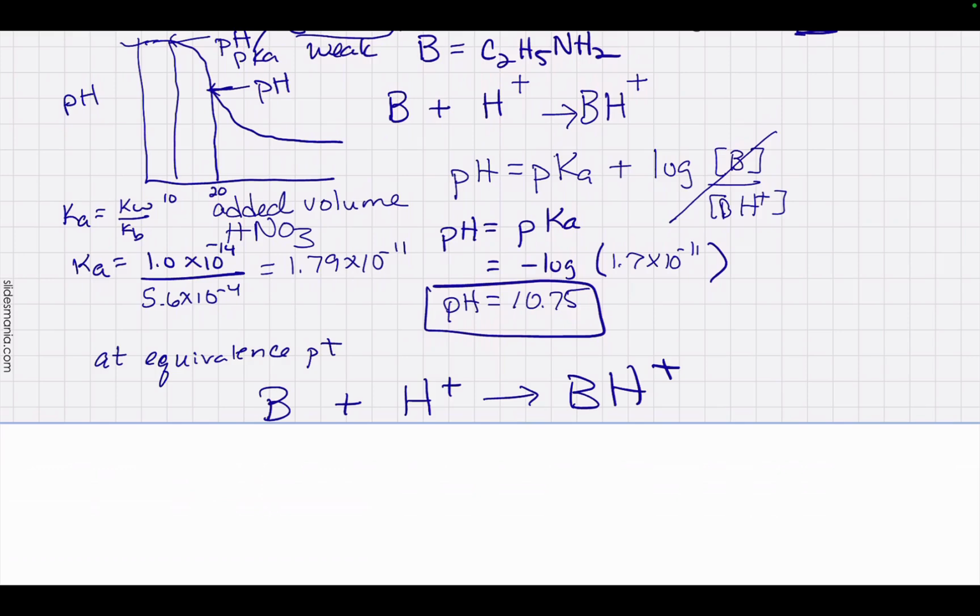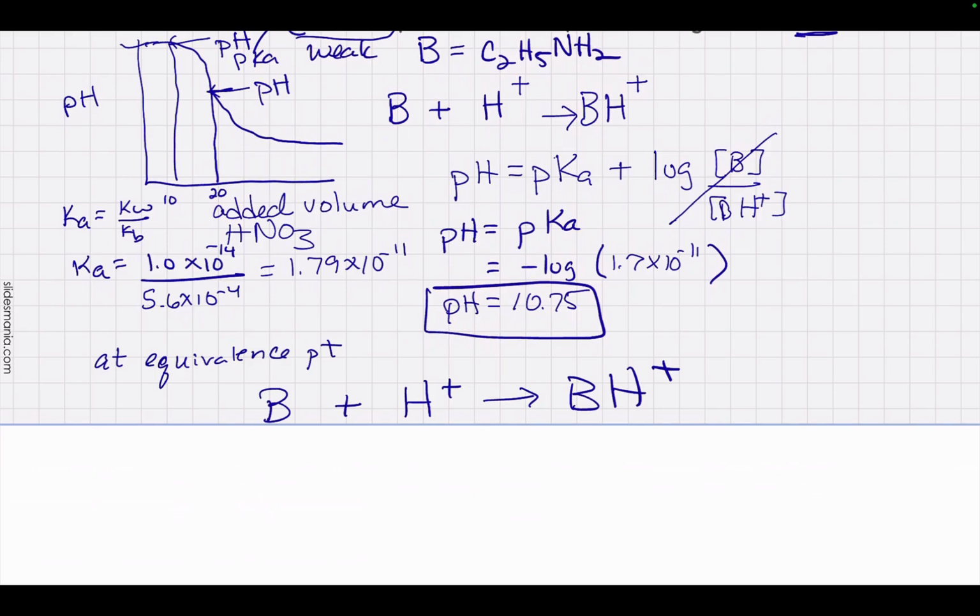In this question, in the beginning, it told me that I have 100 mLs of the base and it's 0.1 molar. So I have 10 millimoles of base. That means that I have the same number of moles of acid because I'm at the equivalence point.